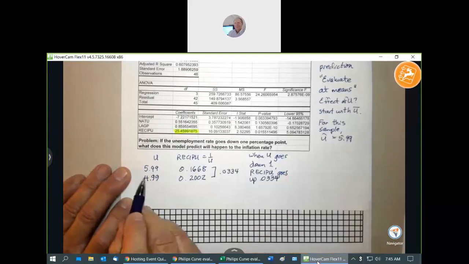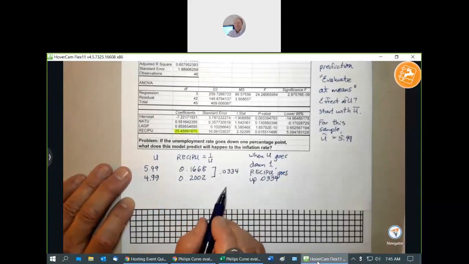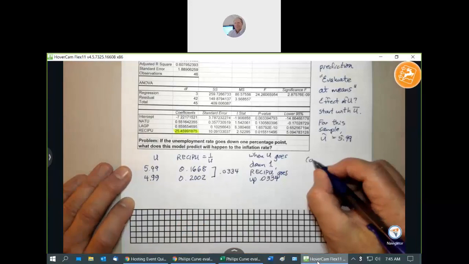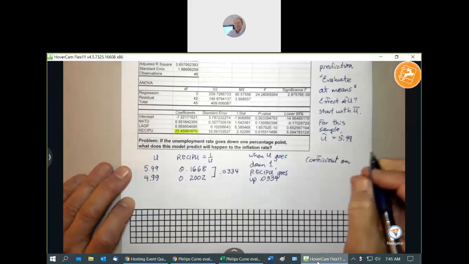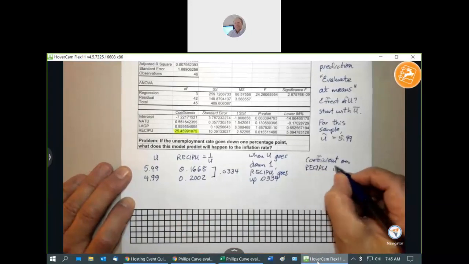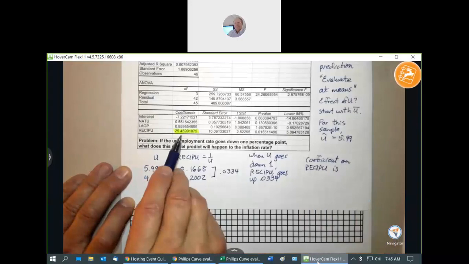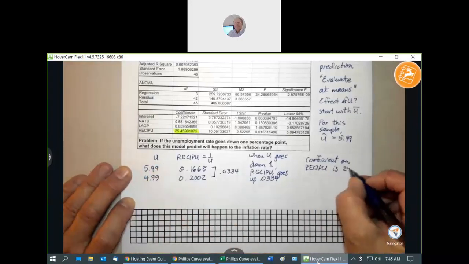See that? That's what our table just said. When U goes down 1, recip U goes up by 0.0334. And then we note one more thing. The coefficient on recip U is, hey, and we highlighted it just to be able to find it easily again, it's 25.46.